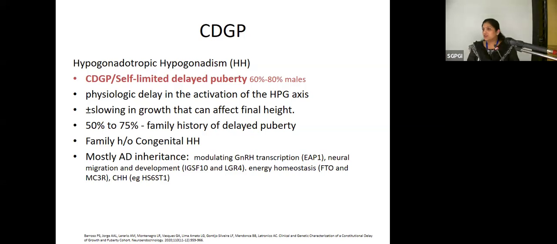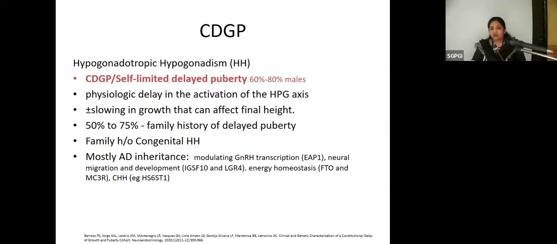In around 80 to 90% of children, we see associated slowing of growth. That is the reason it is called constitutional delay in growth and puberty. But if there is only pubertal involvement and no growth effect, then it is called self-limited delayed puberty.